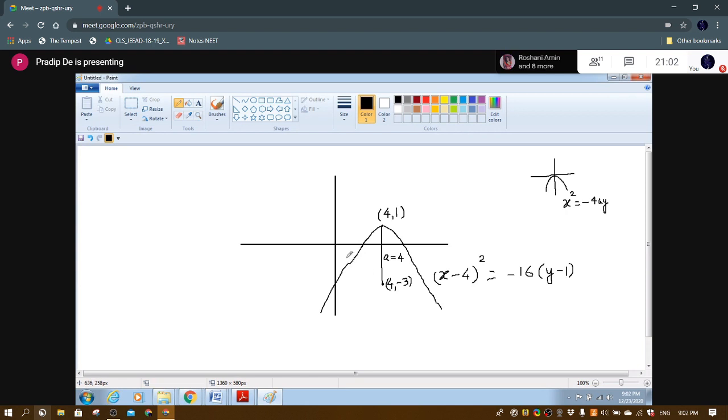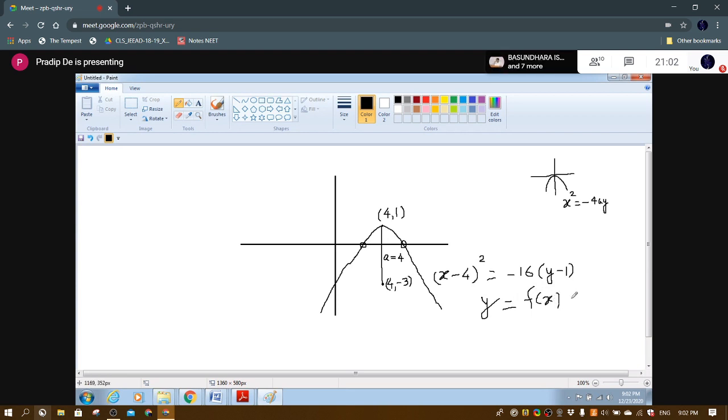These are the roots. These are the roots of the equation. If you make y the subject, it will be like y equal to f(x), which is the quadratic in x.